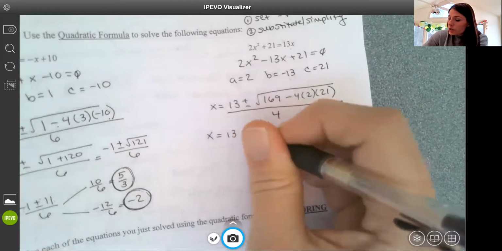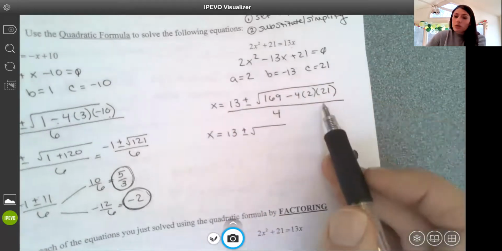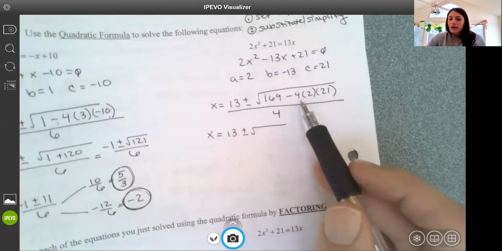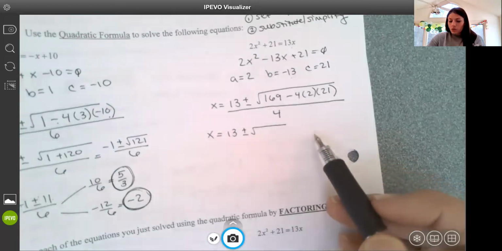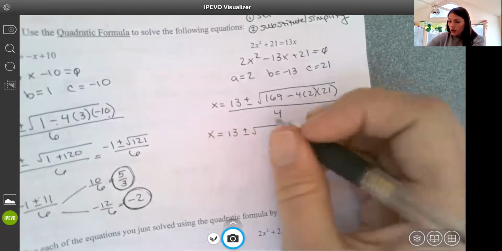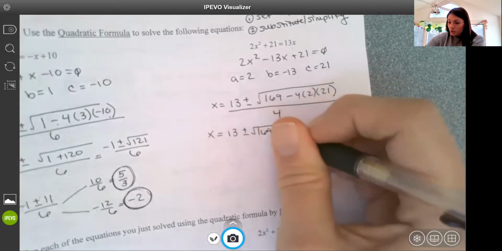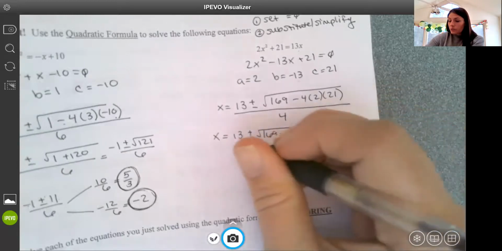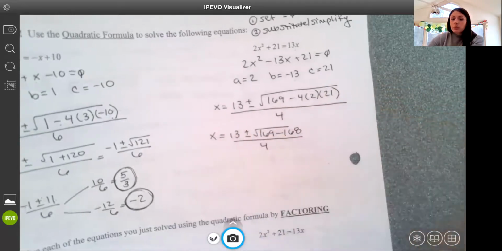X equals 13 plus or minus the square root of, now notice here, I only have one negative, so I'm going to end up subtracting the result of this multiplication. So I have 4 times 2 times 21. I'll have 169 subtract, multiplying these together, 168 all over 4.